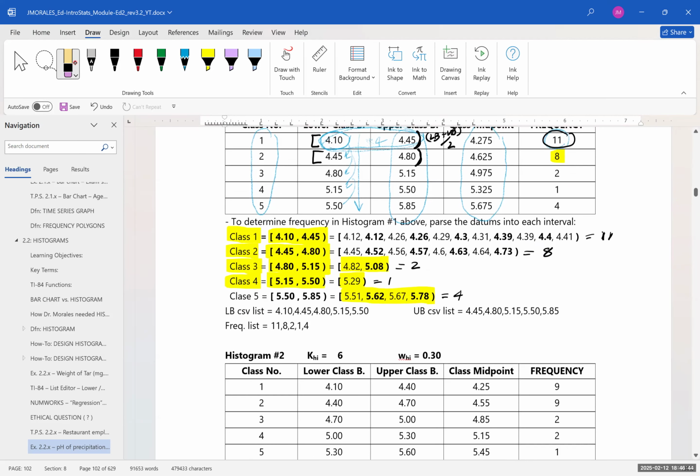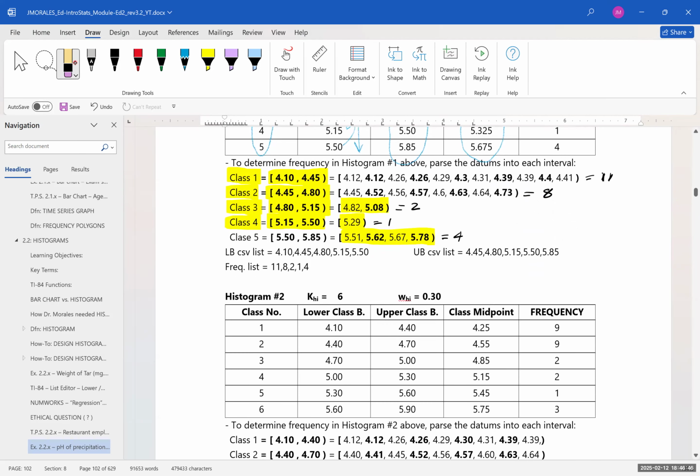And then for histogram 2, I just did the same thing, creating this frequency distribution table. Now we're dealing with 6 classes, each that are 0.3 wide. Put in 1 through 6 for class number. The starting point is the lower bound of the first class. Add 0.3 successively to each class.